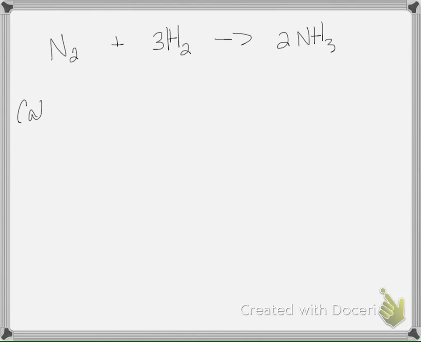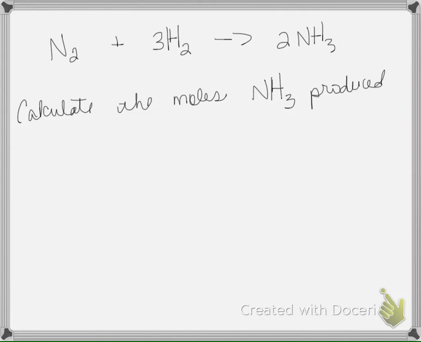Let's calculate the moles of ammonia produced when 0.579 moles of hydrogen react with excess nitrogen.